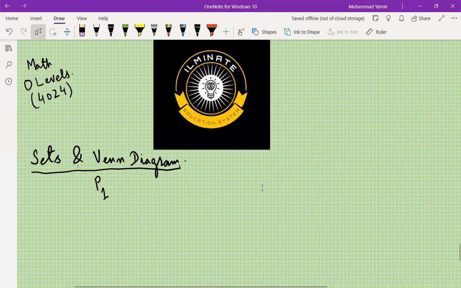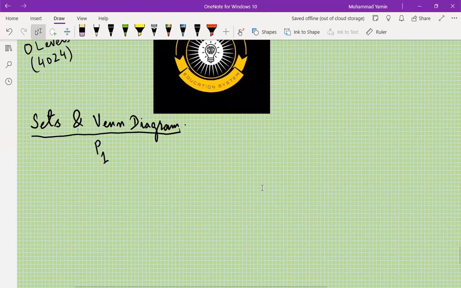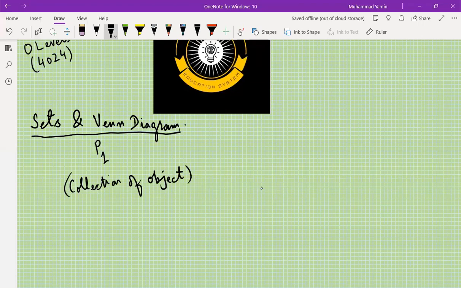Okay. Starting with the first thing, a set is normally considered to be a collection of objects. Simple. We don't need to know the definition, but it is simply a collection of objects. It can be numbers, symbols, alphabets, names, words, anything.